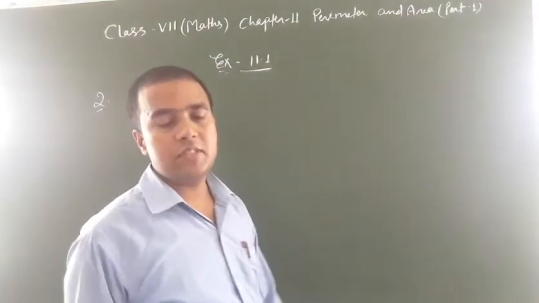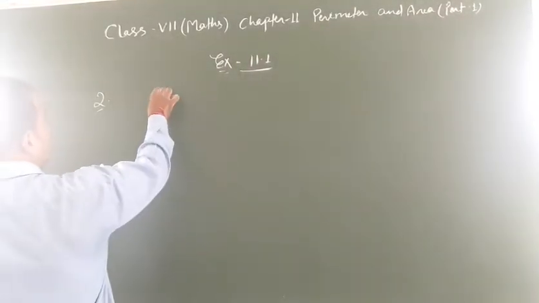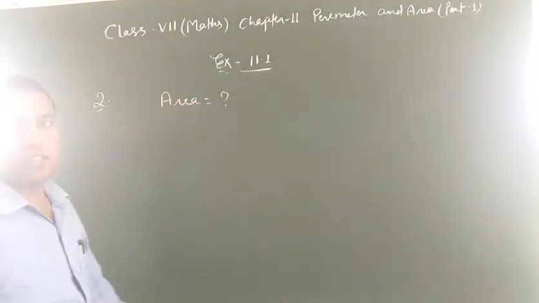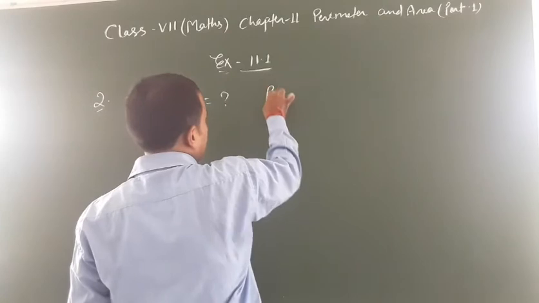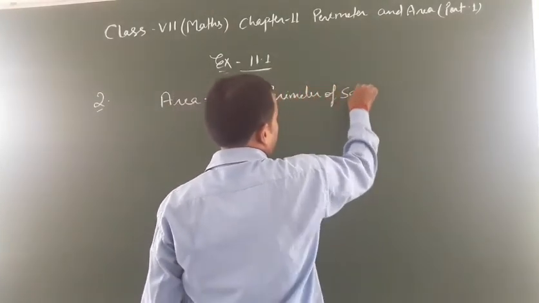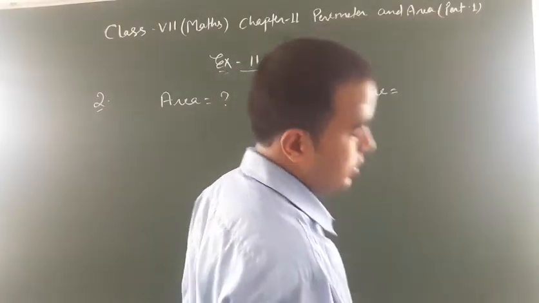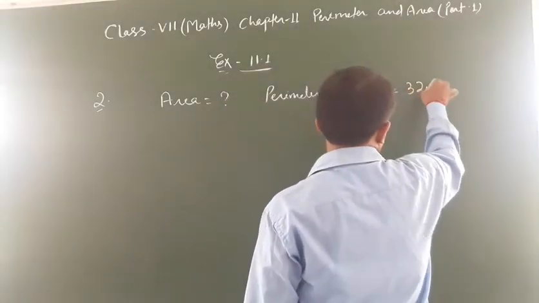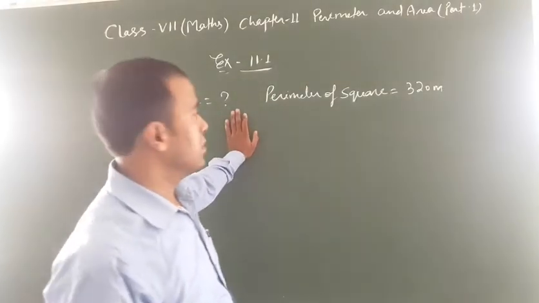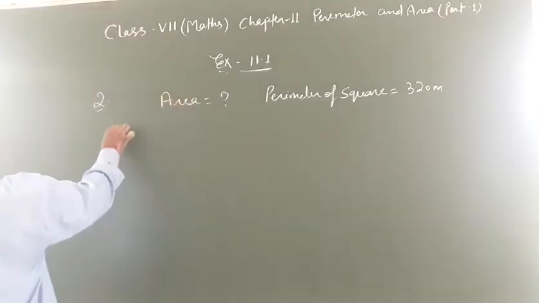Find the area of a square means area is asked, and the perimeter of the square is given as 320. The area of the square is asked, the perimeter of the square is given. See the solution.